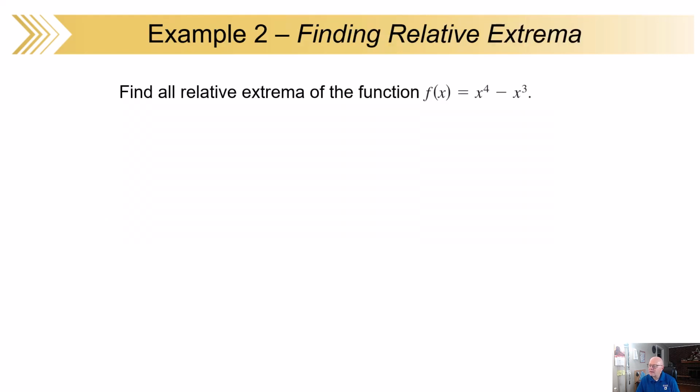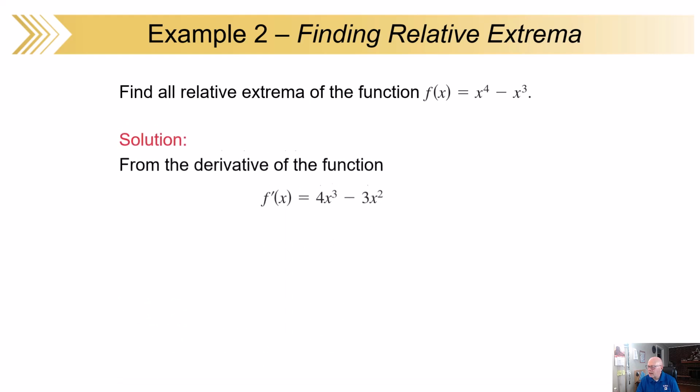So here we have an example. This will nail it, I hope, for you. We've got a function f of x, and it's x to the fourth minus x cubed. That makes it easy to differentiate. So what we're going to do next is take the derivative of that function. Look familiar?